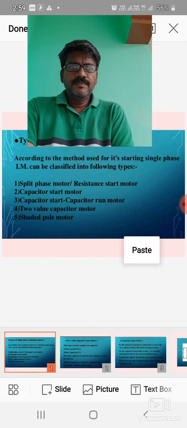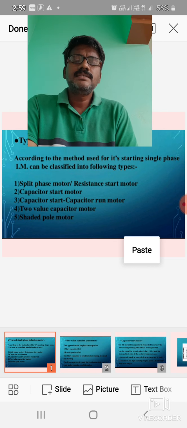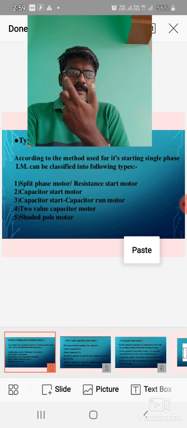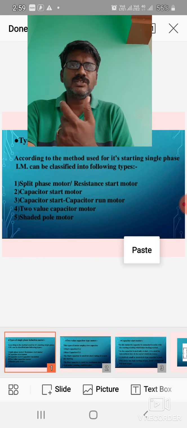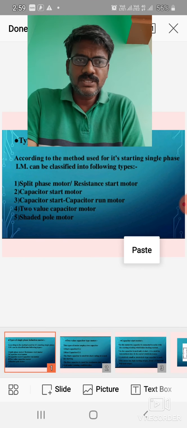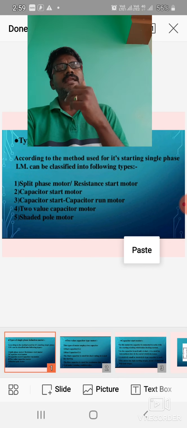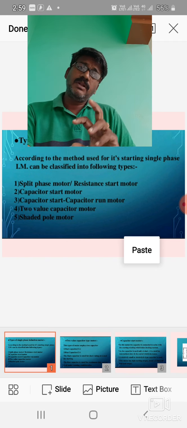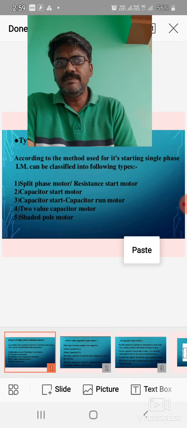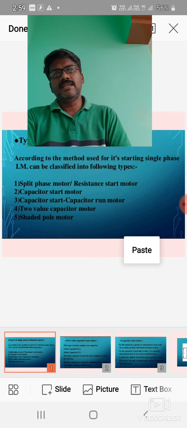So in this way, we can run the single phase induction motor by providing two windings, by splitting the phase into two parts: main winding and auxiliary winding, or starting winding and running winding. After getting speed, we can disconnect one winding, so it rotates as a single phase winding.